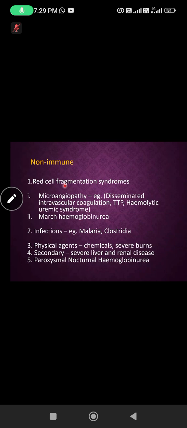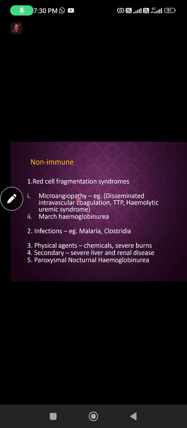So what is the meaning of red cell fragmentation syndrome? Here, red cells undergo physical fragmentation. Fragmentation means red cell breaks into several pieces physically because of a physical obstruction inside your blood vessels.